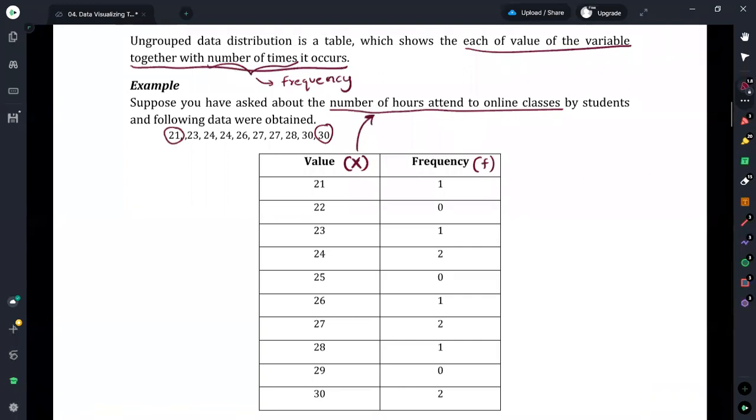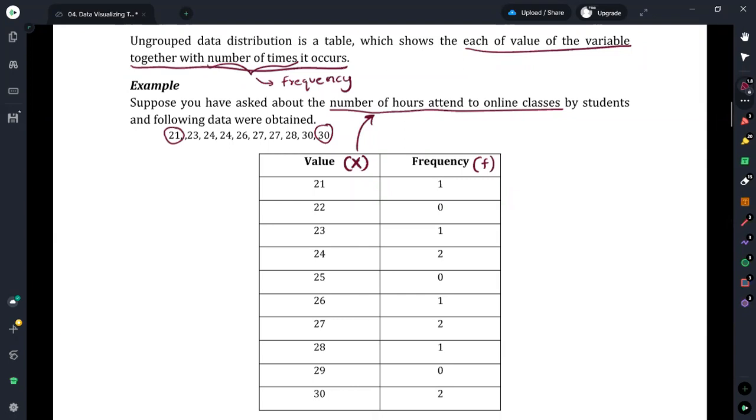These are the general notations we are using for the variable. We can use several other letters, but generally to denote the frequency, we use the lowercase letter f. The minimum value is 21 and the maximum is 30, therefore I have the increment as 1. And now I can allocate the frequencies.